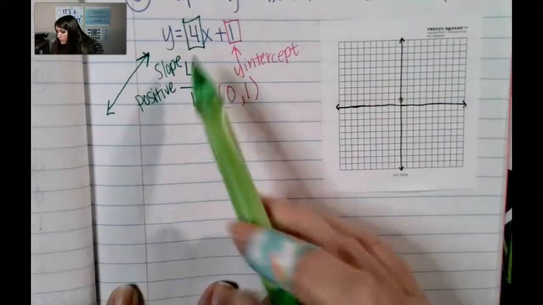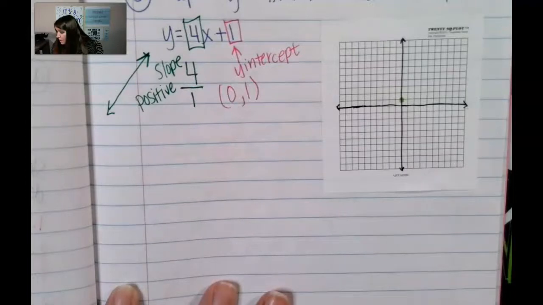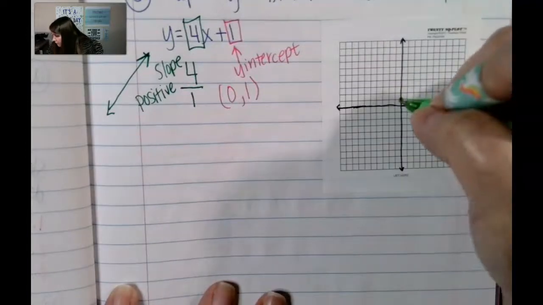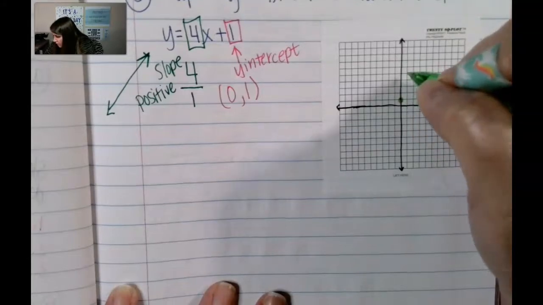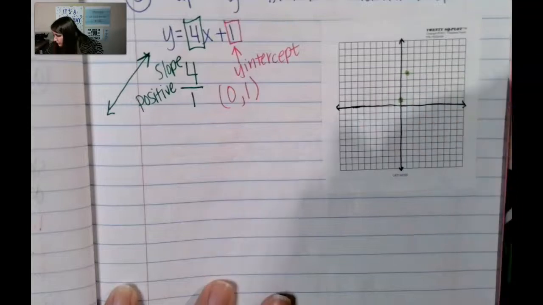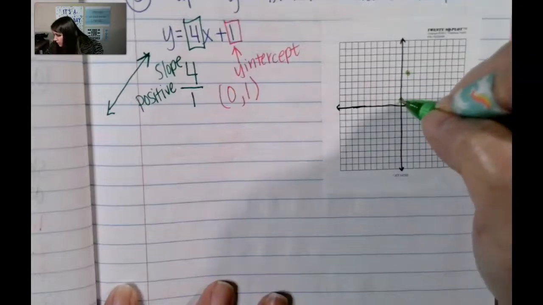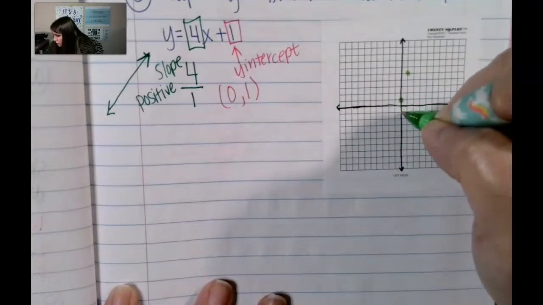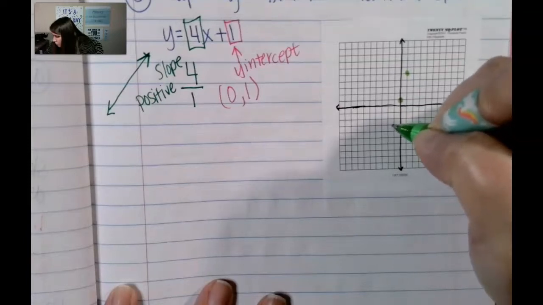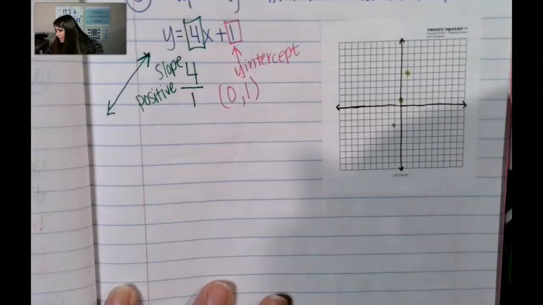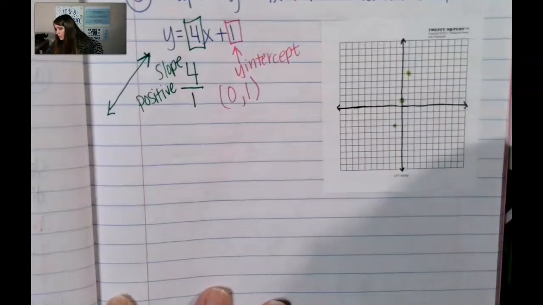And my slope is 4 over 1. So I'm going to go up 4 and over 1. Up 1, 2, 3, 4, and over 1. I'm going to go down 4. Down 1, 2, 3, 4, and over 1 so that I can see where the x-axis is crossed.